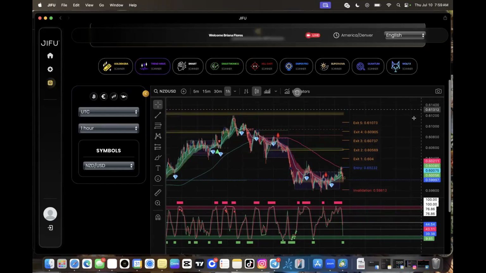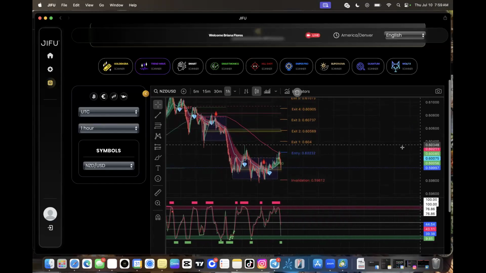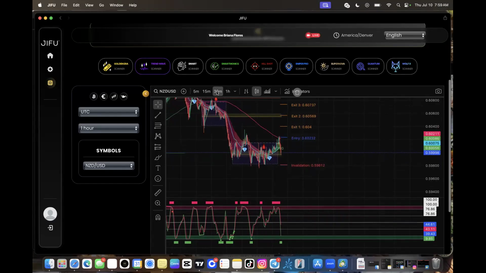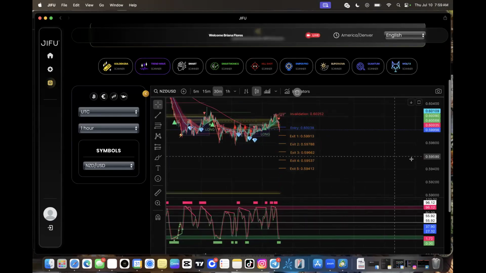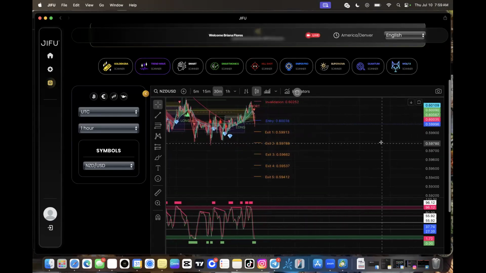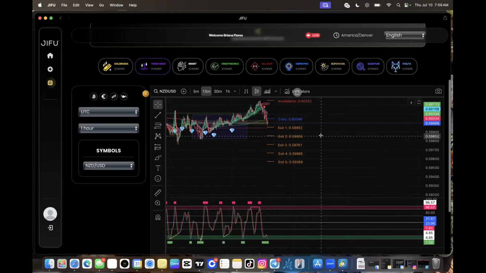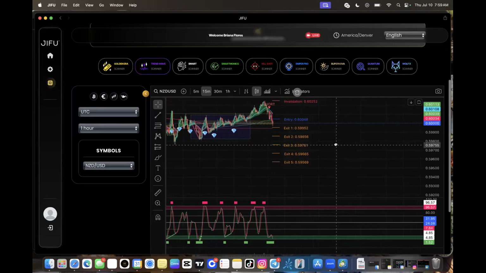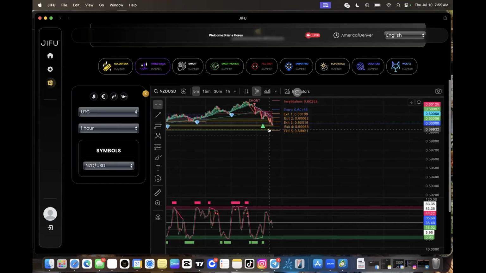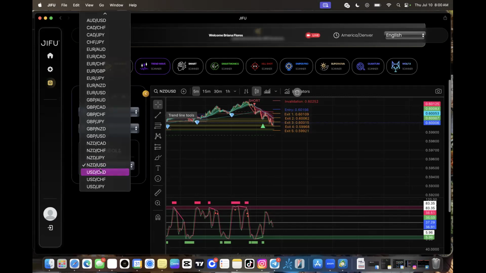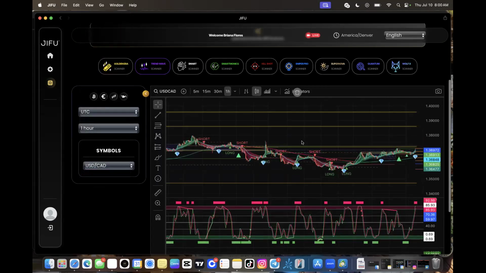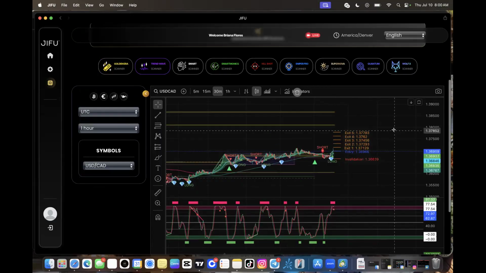Now, if you can control your emotions and be aware that you need these other confirmations to be true, then you can start with kill shot, because you're not taking a trade unless kill shot is good. So might as well just start with kill shot. But if you're new and you're not able to control your emotions, I wouldn't recommend doing that. Well, have fun. 5 minute. Nope. USD CAD. 30 minute.